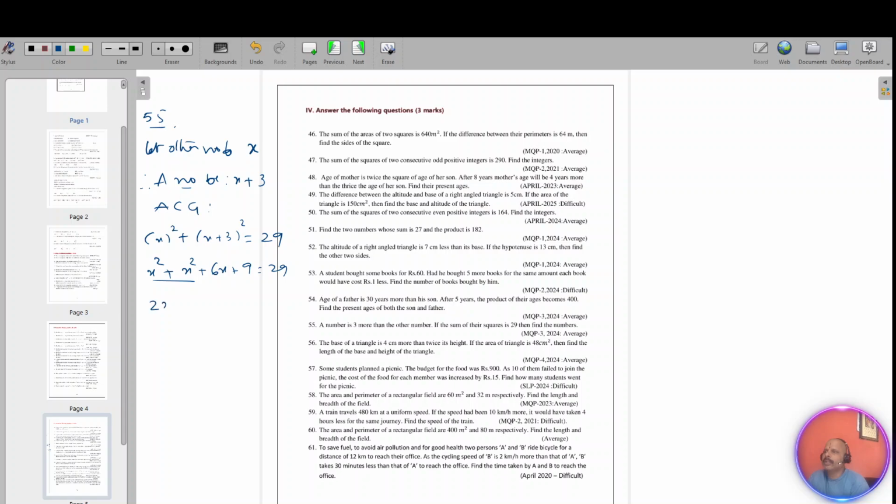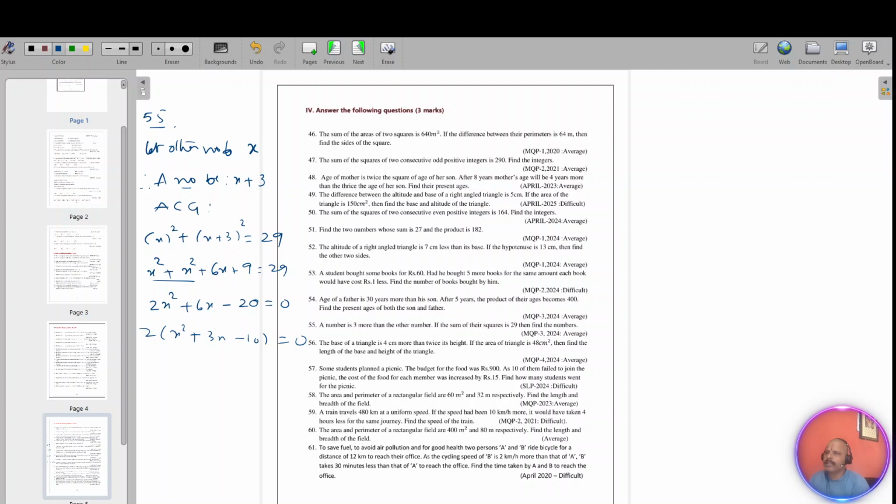When you add the x square it will be 2x square plus 6x plus 9 equals 29. Taking 29 to the left side it will be minus 29, and 9 minus 29 is minus 20. Taking 2 common, x square plus 3x minus 10 is equal to 0. So the equation becomes x square plus 3x minus 10 is equal to 0.